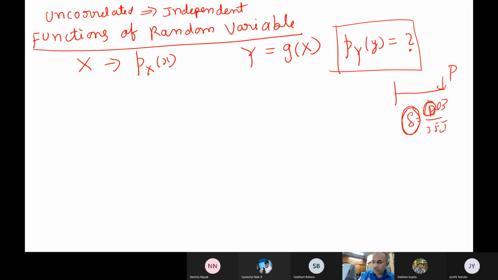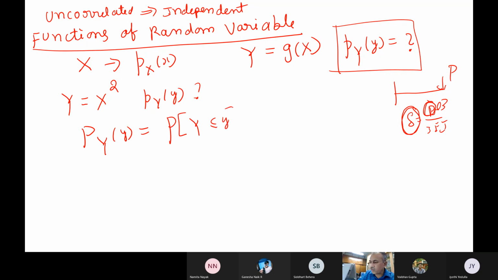For example, let us say x has density p_x of x and y is x squared. Now what will be p_y of y? If you look at the distribution function of y, I can write it as P(Y less than or equal to y).